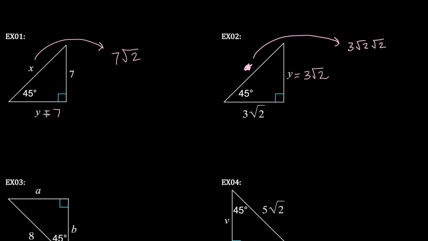We just put like 7 square root of 2, 7 square root of 2. So this is 3 square root of 2 times the square root of 2, which is 3 square root of 4, which is 3 times 2, which is 6.